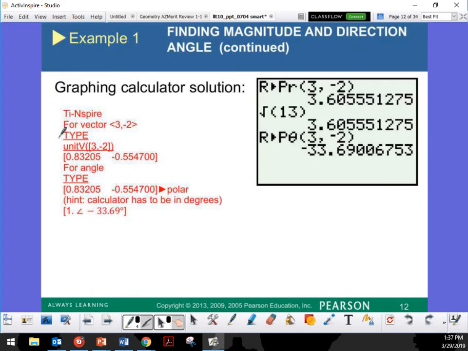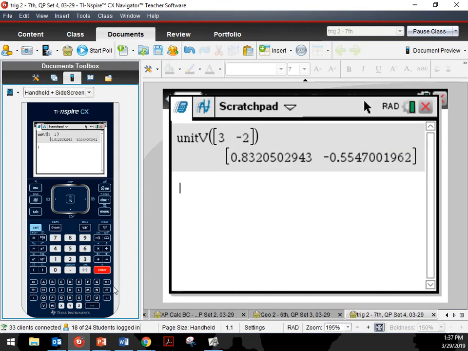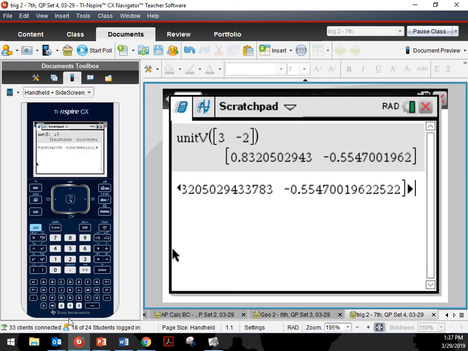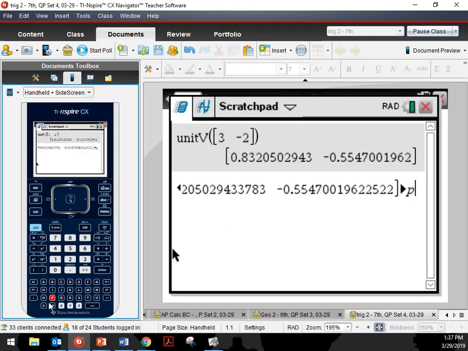All right, so I got this one right here for the angle. Now change this to polar. So I'm going up, taking that answer, going to triangle, P O L A R. There we go.